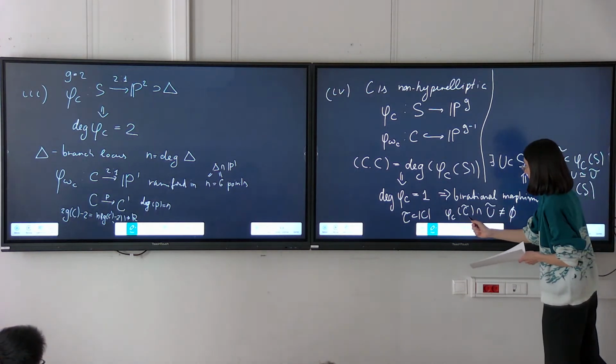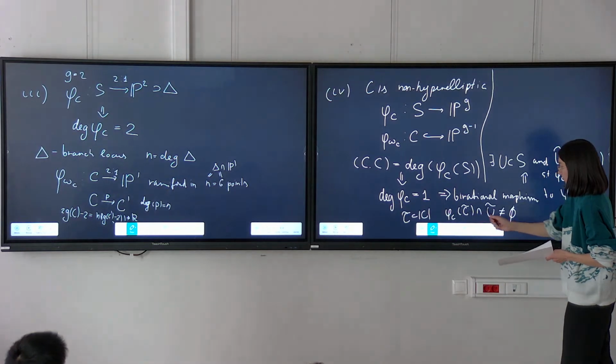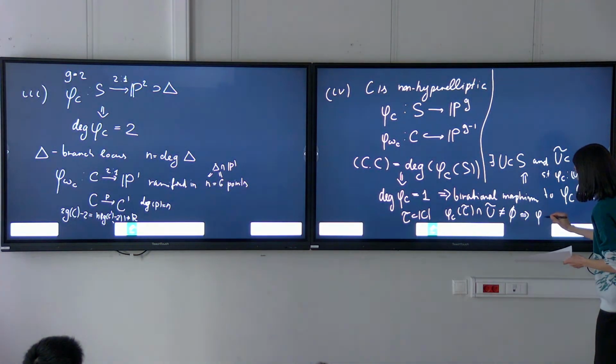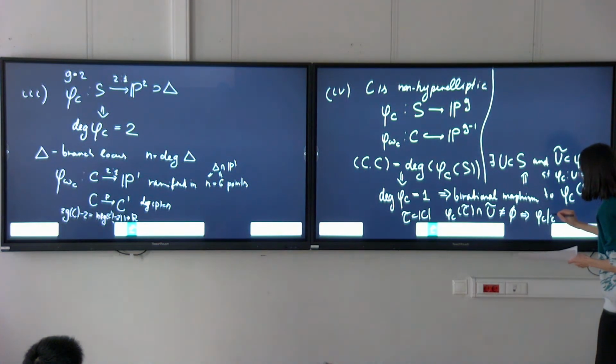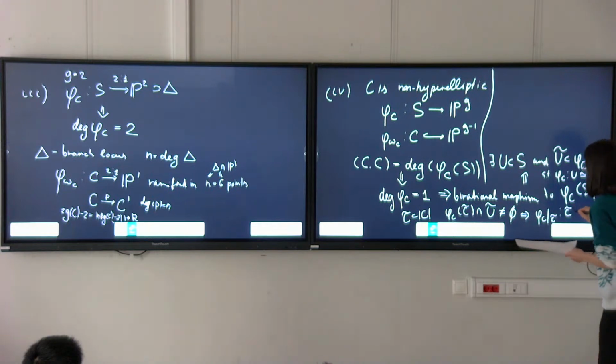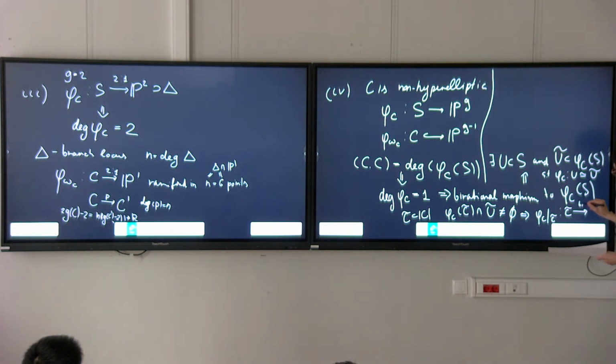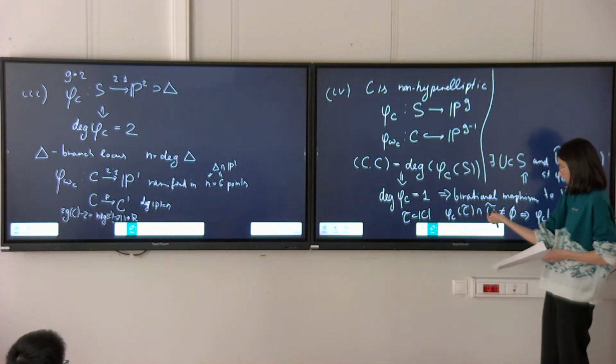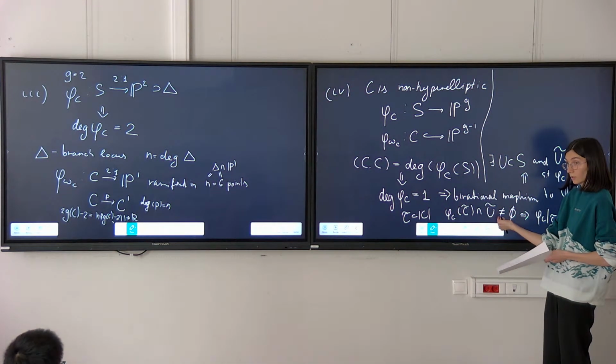So we see from this that the restriction of C to C prime is a birational morphism to its image, just because its image intersects U in a non-empty way.